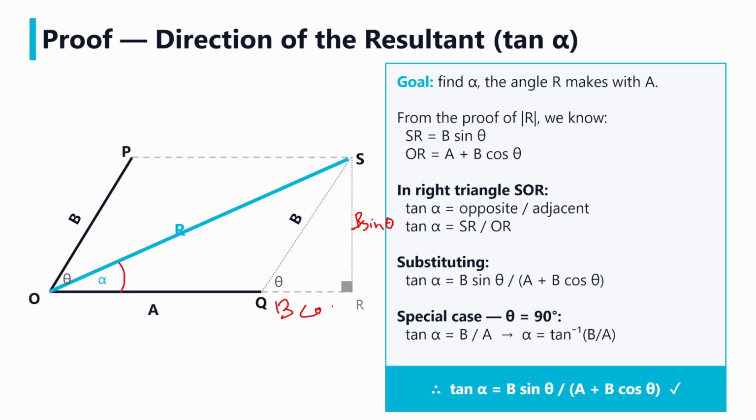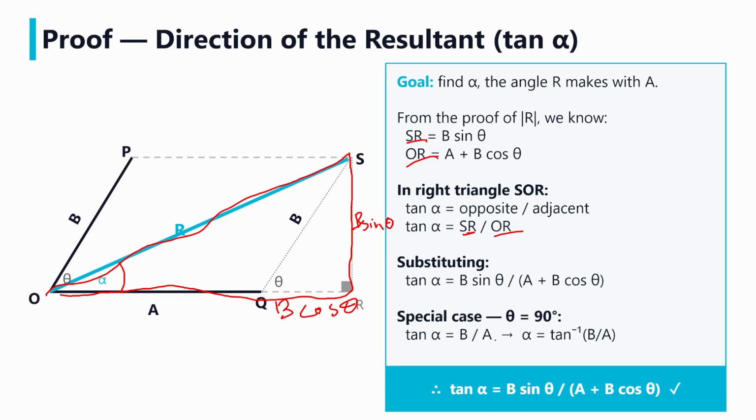B cosine theta. And if we take this right triangle, we'll find that tan alpha is the opposite over the adjacent, right? So tan alpha, if we substitute SR into here and OR into here, we'll get this, right?